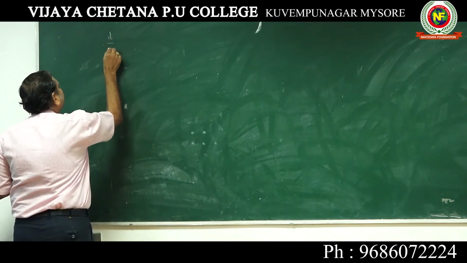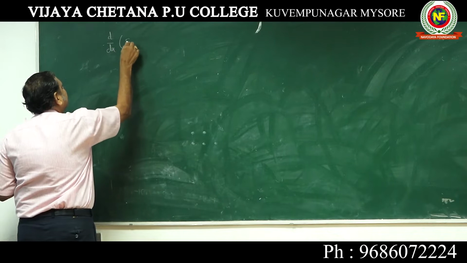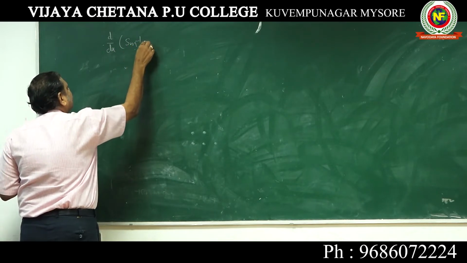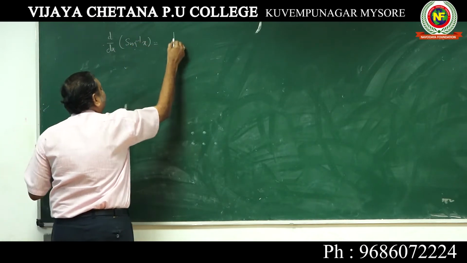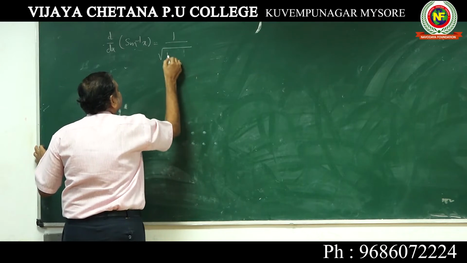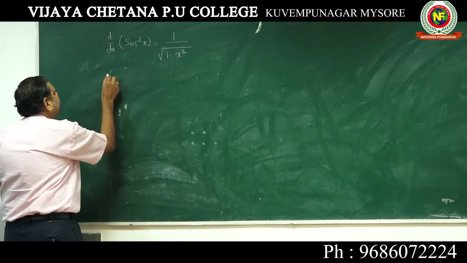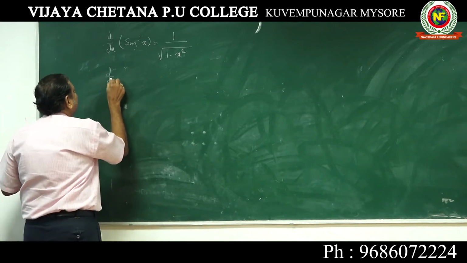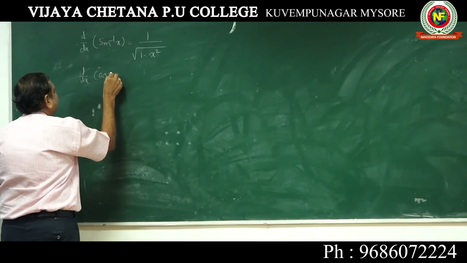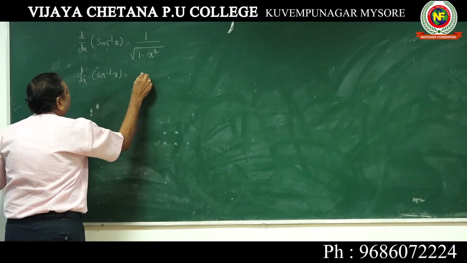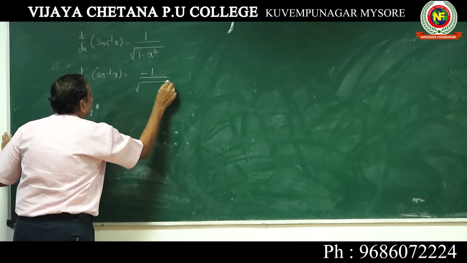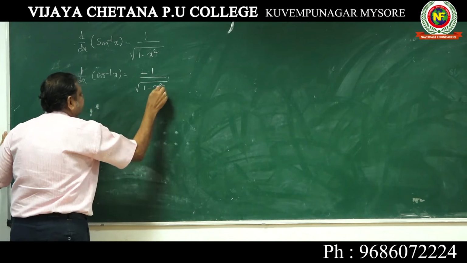First one, dy/dx of sin inverse x is 1 over root of 1 minus x square, which we derived yesterday. Please see this list, which I gave yesterday, and we put a big box around it. dy/dx of cos inverse x is minus 1 over root of 1 minus x square.